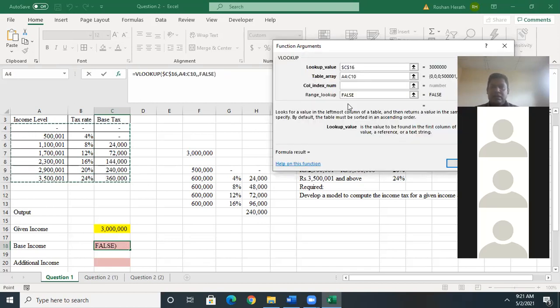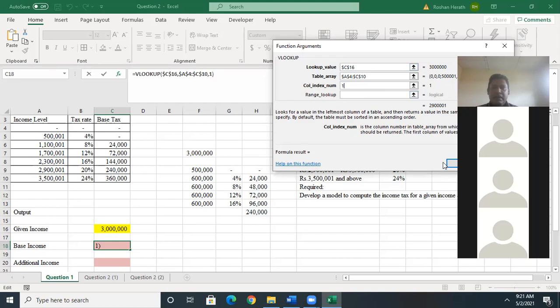Let's select that range. Sorry, it can't be an exact match, because we are looking for a range. That was the mistake I made. So it has to be a closest match. Right, now I realized.